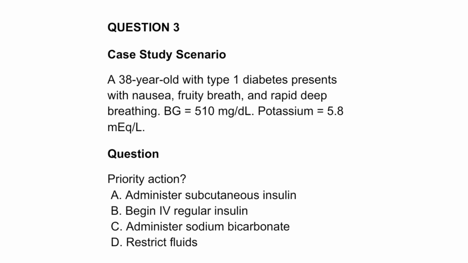Question 3. Case study scenario. A 38-year-old with type 1 diabetes presents with nausea, fruity breath, and rapid deep breathing. BG equals 510 milligrams per deciliter. Potassium equals 5.8 milliequivalents per liter.